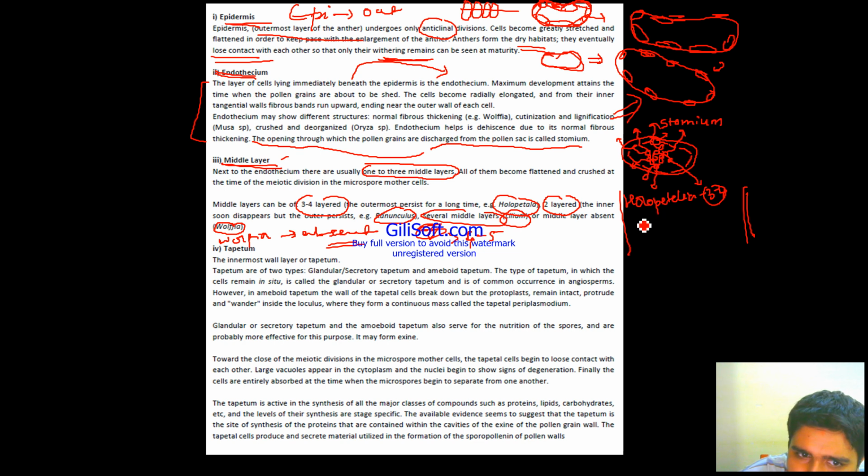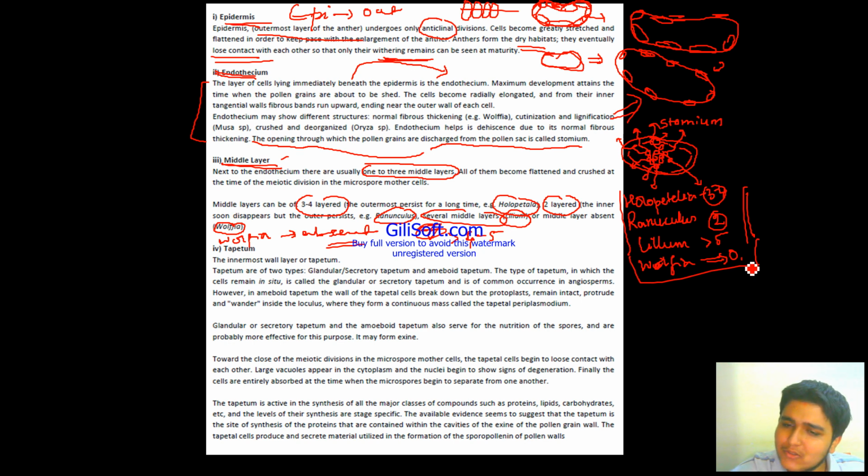Now if you're talking about ranunculus, it has got how many? 2 layers. If you talk about lilium, it has got more than 5 layers. If you're talking about wolffia, it has got 0 layers, absolutely 0 layers.